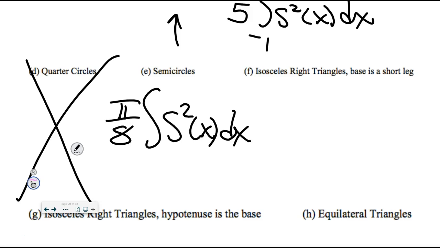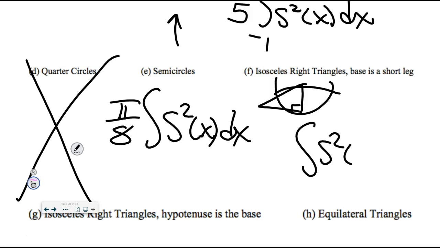Isosceles right triangle, where the base is the short leg, like not the hypotenuse. So it's like this. It's almost a square. That's the square, side by side, right, Clocker? What do I put out front when there's a leg across the base?